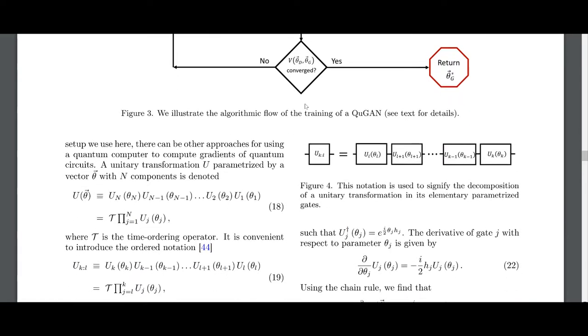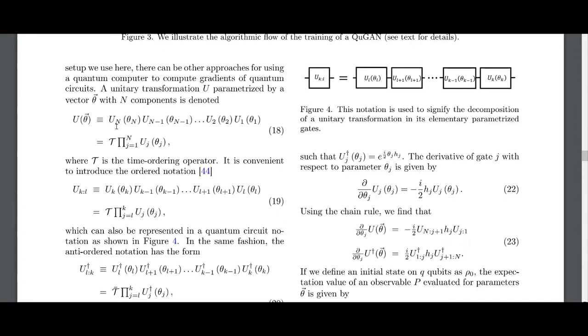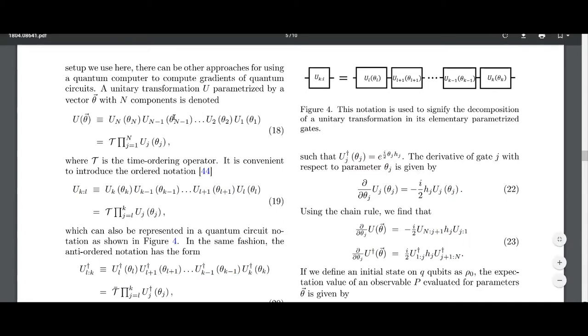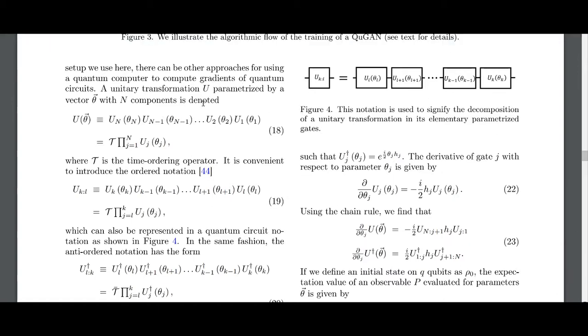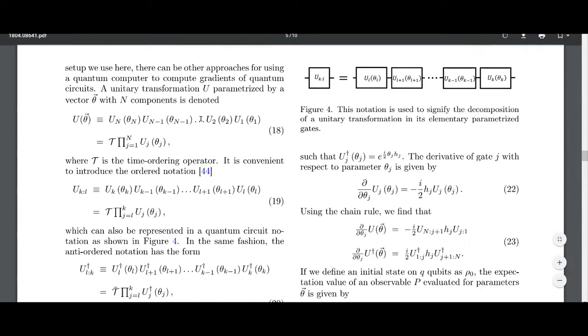What they're saying here is that all this blah blah is nothing else than saying you've got a gate U, and let's decompose it, and that gate U has a parameter theta, because that's the parameter you're optimizing. All this is saying is, let's assume that your gate is broken down into sub operations.